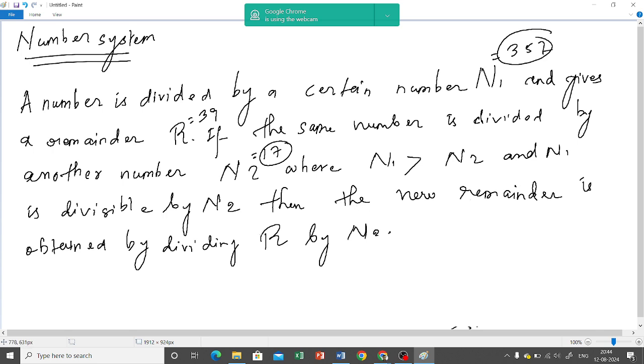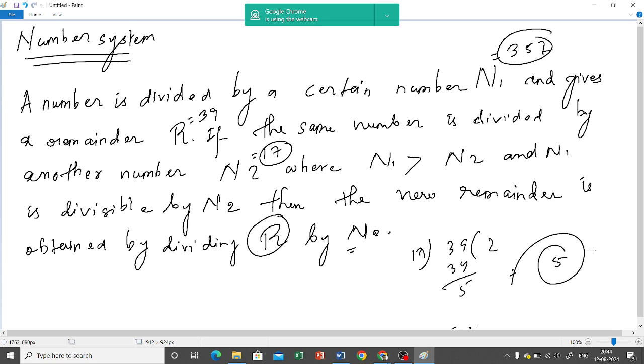Then the new remainder is obtained by dividing r by n2. r is 39 and n2 is 17. So just divide: 17 twos are 34, so the answer is 5.